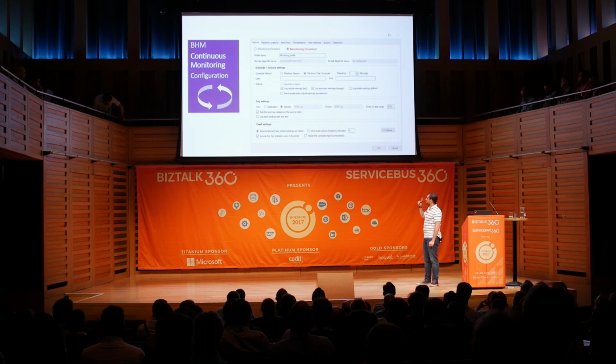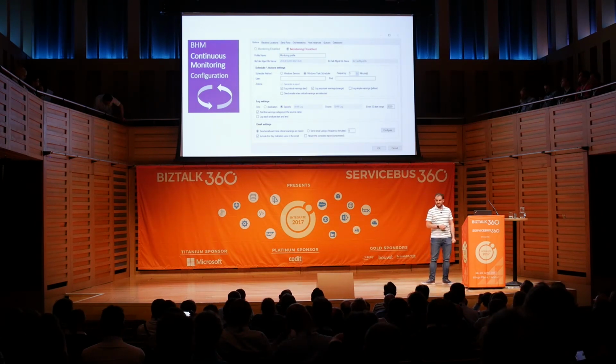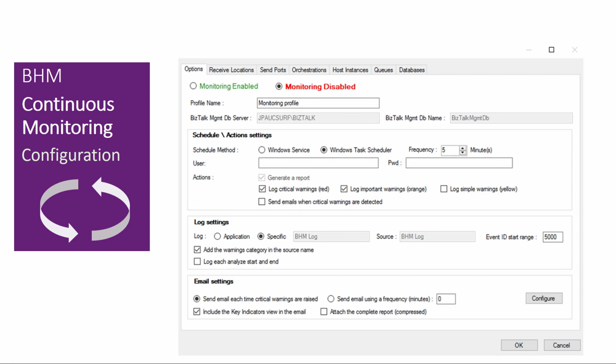So this is the new feature in version 4, which is the continuous monitoring. As you can see, you can create a monitoring profile, and this monitoring profile will run a Windows service or automated tasks to continuously collect information from the environment and query the environment.